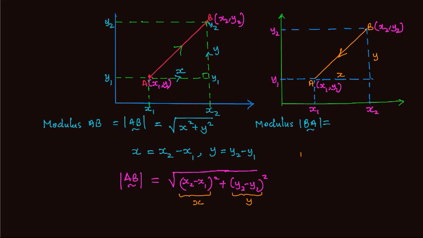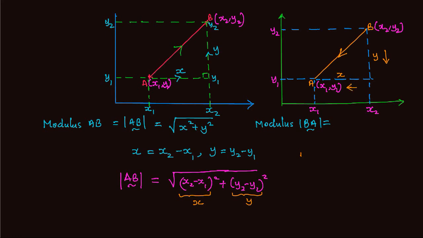So modulus BA is y units downwards and x units towards the left.